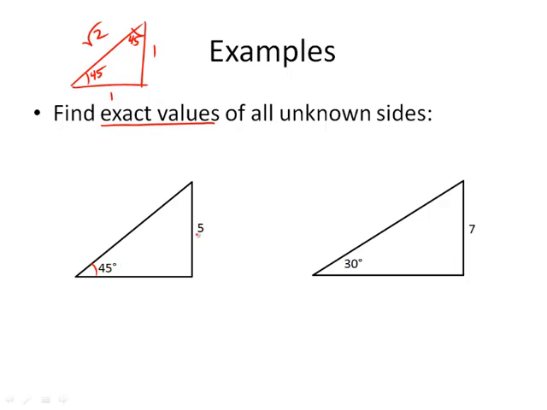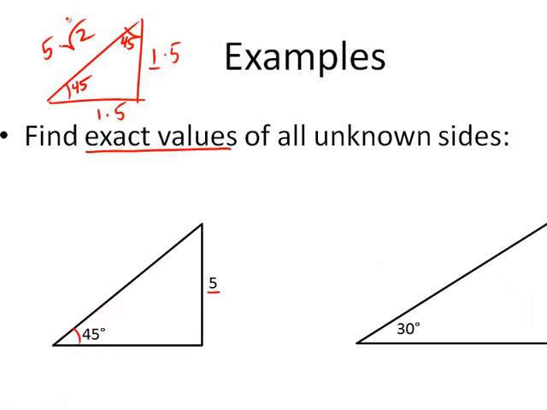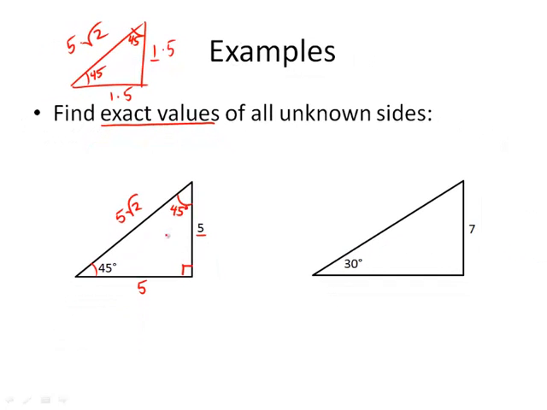In this case, this one is 5. So rather than having a 1, we could multiply all of these by 5 so that this side is 5. So then we'll have 5, 5, and 5 root 2. And we're done. We filled in all the missing sides. We can also fill in the angles. We know that the other one has to be 45 if this one was 45 by properties of 180 degrees in total.